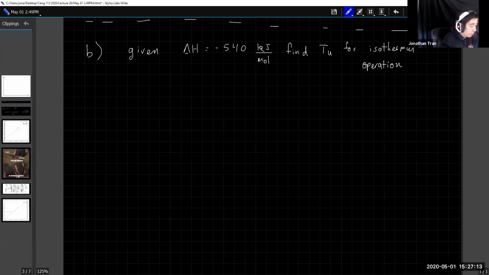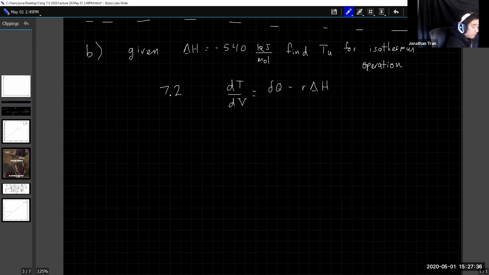We're going to go back to our energy balance, which is equation 7.2, which will in this case simplify quite a bit because we are operating isothermally. What that means is that the entire left side of the equation is going to cancel out.